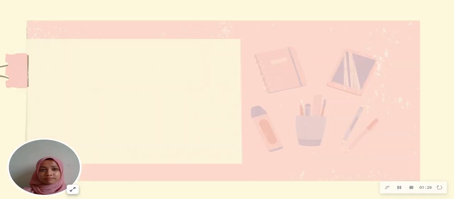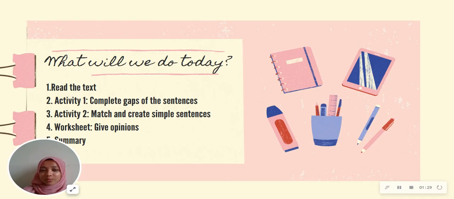So, let's guess what we will do today. Here we will read the text. As you may know, I will be using the Full Blast Form 4 textbook. It can be the teacher's book or the student's book, it's up to you, whatever book you have.